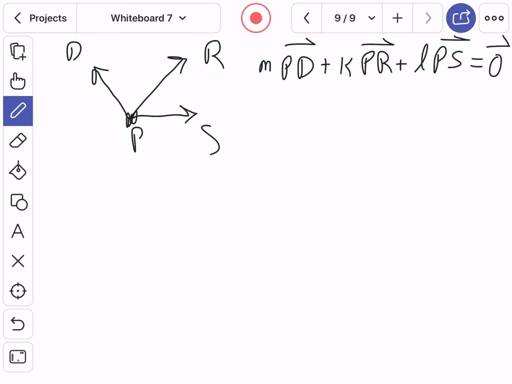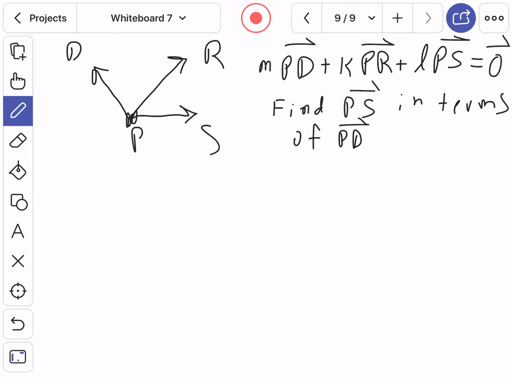So we can also express this. Say we wanted to find vector PS in terms of the other vectors, PD and PR.